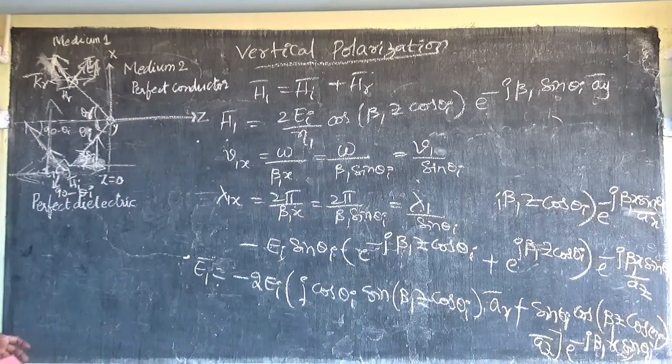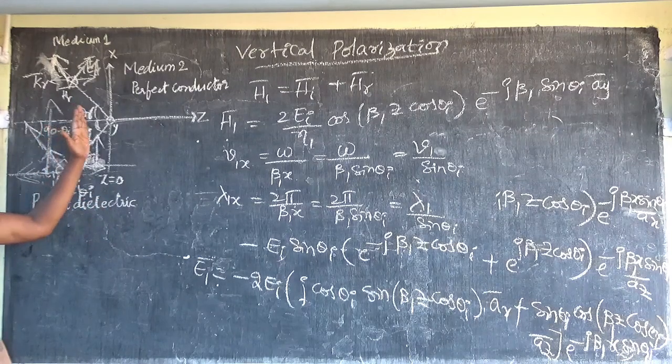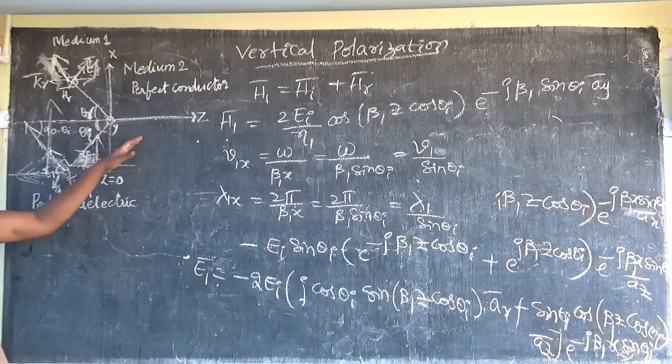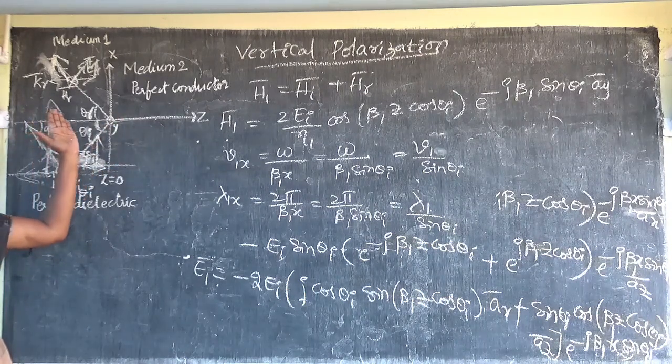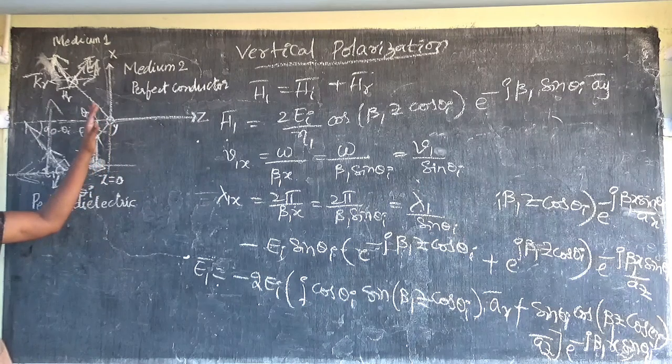In the next class we are going to see what polarizations we can have when the boundary is changed. We have been considering a conducting boundary, which is why the total wave is reflected. Now we are going to look at a dielectric boundary.